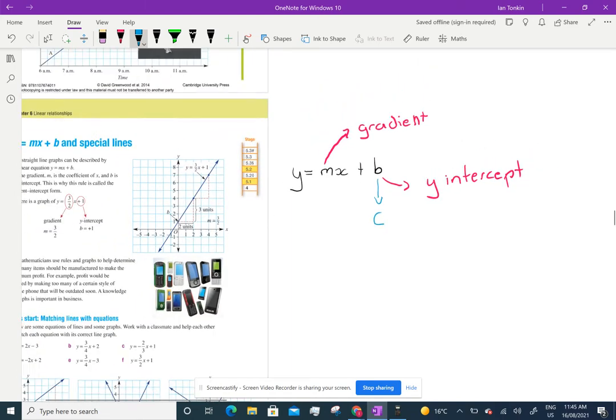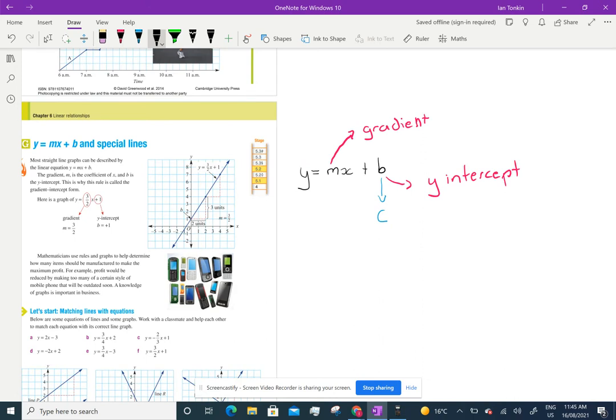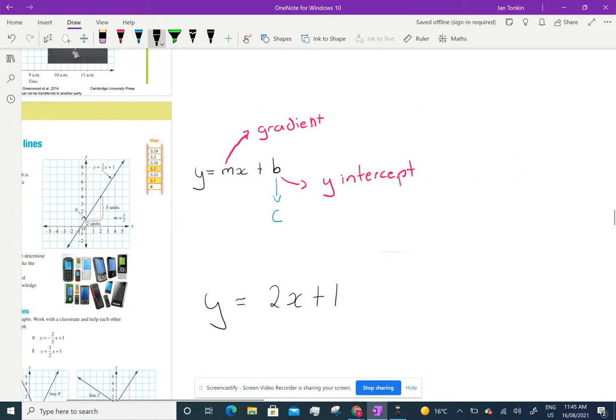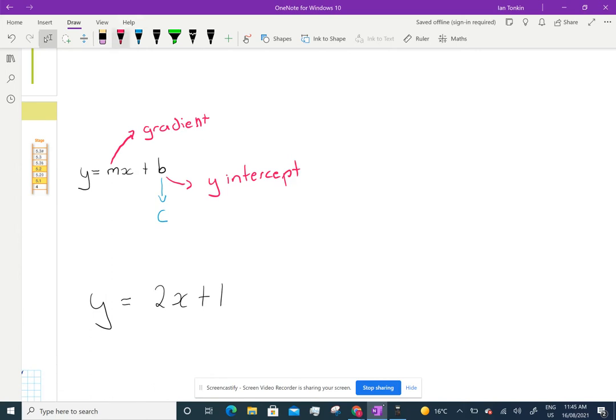So let's take a nice easy example. Let's take y equals 2x plus 1. This tells me I have a gradient of 2, and this tells me the y-intercept is 1.